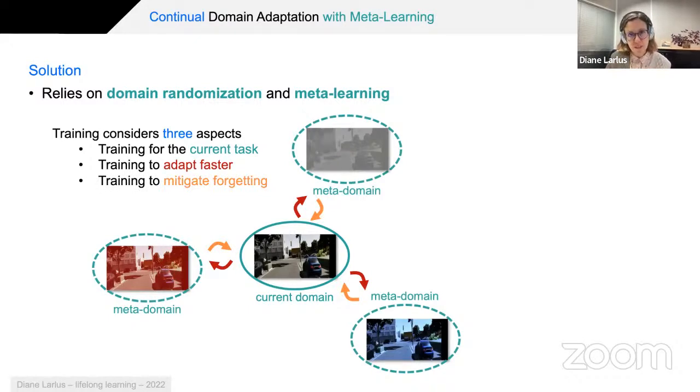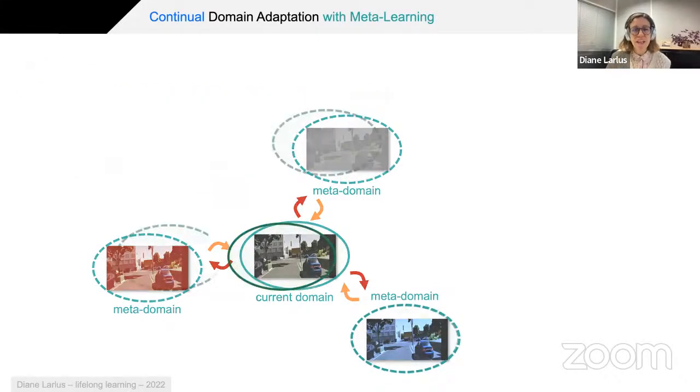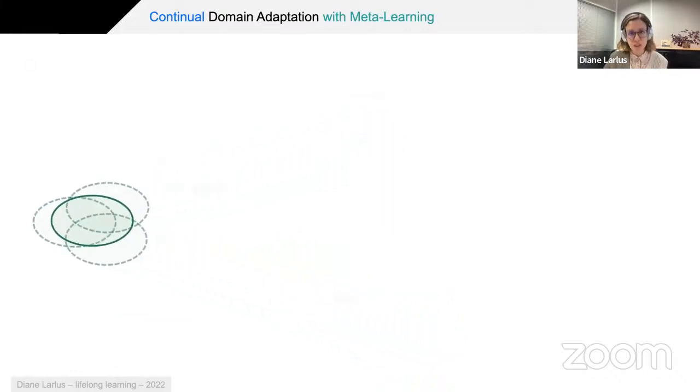By doing that, we can train a model that is ready to be adapted and that is going to be more resilient to forgetting. Because everything happens during training, this is really neat, because this technique can be deployed without changing the existing pipeline. This is just changing the loss function, the objective you train.